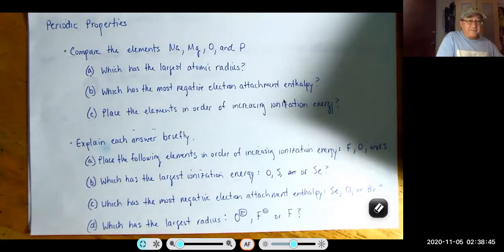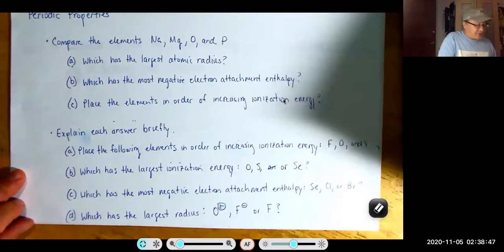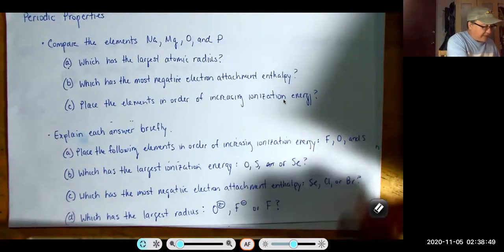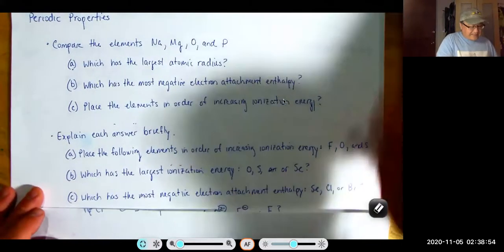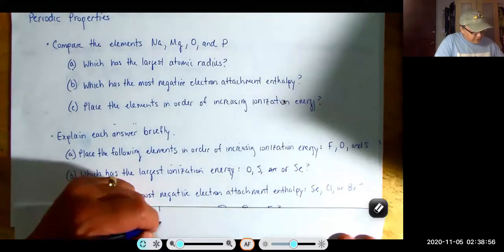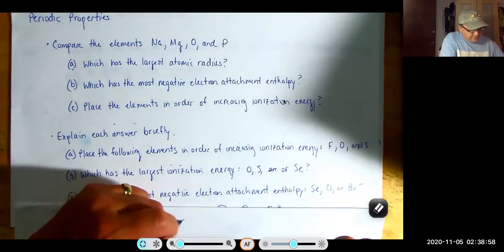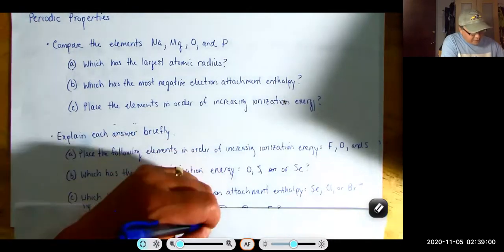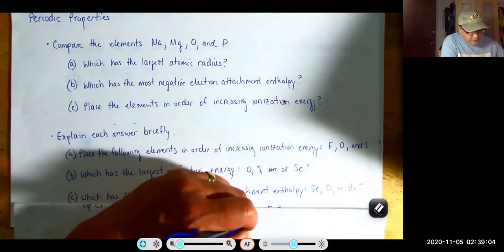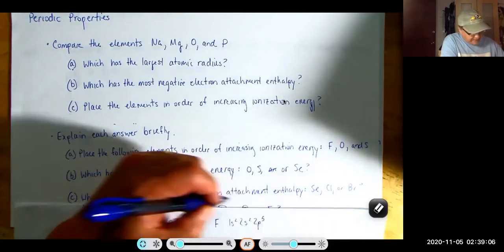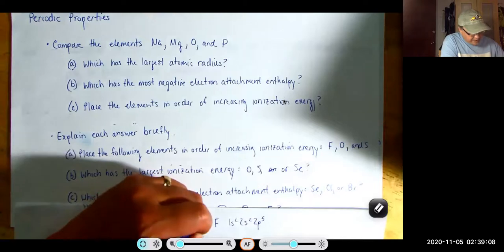Last one here. Explain each answer briefly. Place the following elements in order of increasing ionization energy. So fluorine, oxygen, and sulfur. So for fluorine, we're talking about 1s2, 2s2, 2p5 with 9 protons.